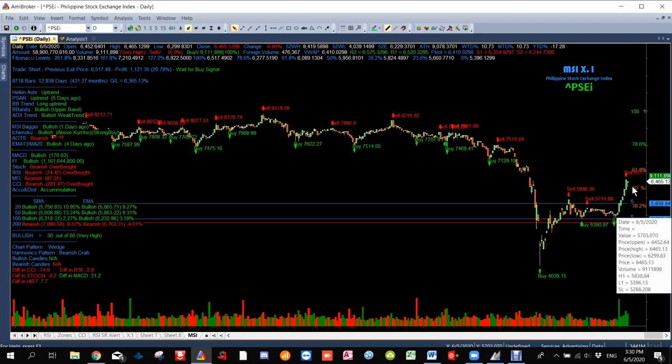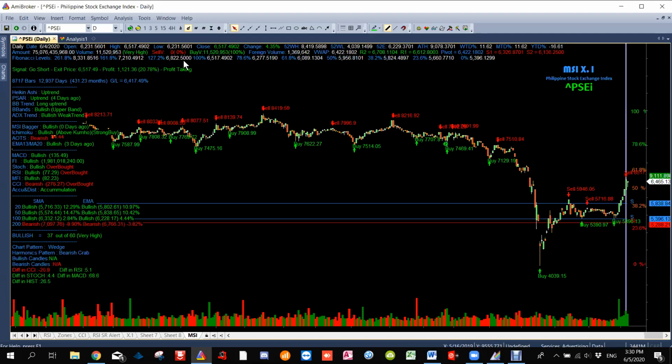kasi nagsa-start pa lang siya. So we are expecting the PSE right now to move sideways between the range of 6517 and 6231. So kung yung stock na yon bumaba pa sa 6231, then most probably we will see again the next support at 5838.